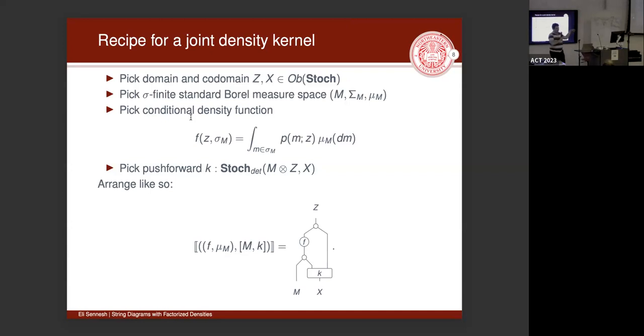And then I'm going to arrange them into this little diagram here. You read it from top to bottom rather than bottom to top, like some of the talks we've seen. And you can imagine bending the diagram sideways, which I wasn't able to draw, so that Z comes from the left, X goes to the right, and M goes downward, and you can imagine a nice bicategorical view there.